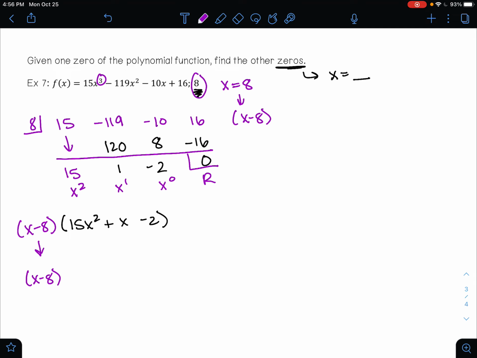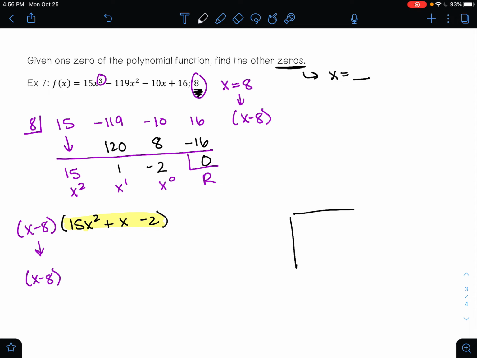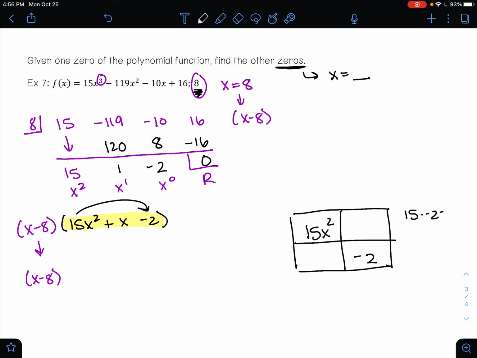I need to factor this completely. It's a trinomial, and so to factor this completely, I am going to do the area model. So remember, first term goes in the first box. Last term goes in the last box. You always want to multiply your first number by your last number.